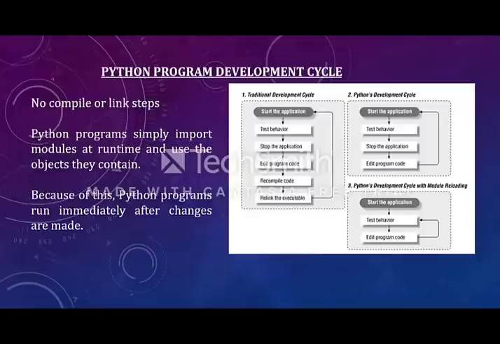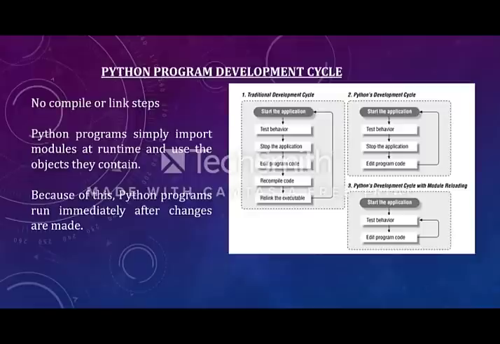The basic thing you need to understand is, I have written something on the left hand side of the screen. There are no compile or link steps. That is the first and foremost point you need to understand from the program development lifecycle of Python. There is no compilation. However many times you have modified the code, no need to compile the program.